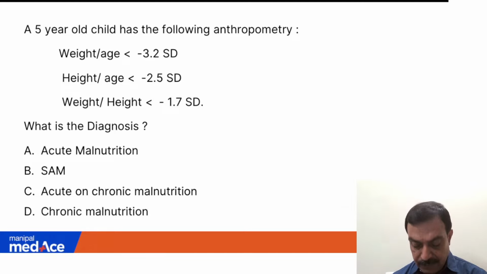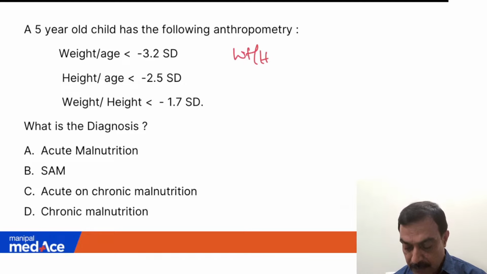Remember, in acute malnutrition only the weight is reduced, minus 3 standard deviation, whereas in severe acute malnutrition we can expect weight for age is less, weight for height is less than minus 3 standard deviation, and mid-arm circumference is less than 11.5 centimeter.